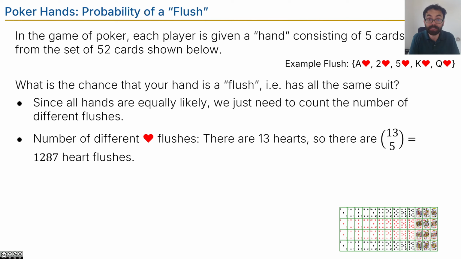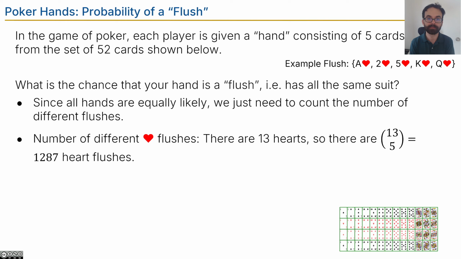Well, there's 13 hearts in the deck. So if we want to think about the process of enumerating all of the different possible combinations of hearts, then we're going to be choosing 5 out of that set of 13 possible ones. So there's going to be 13 choose 5, which is 1,287 heart flushes.